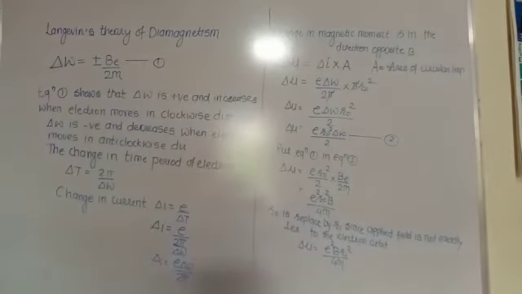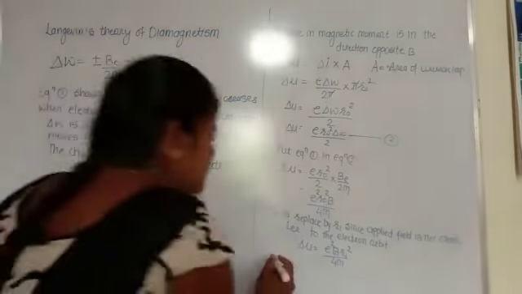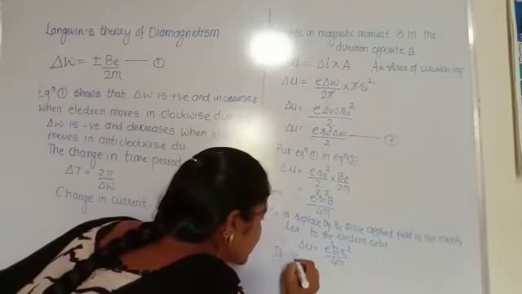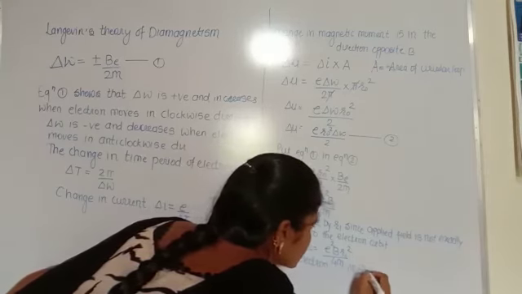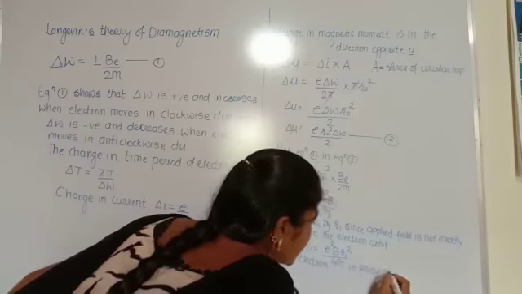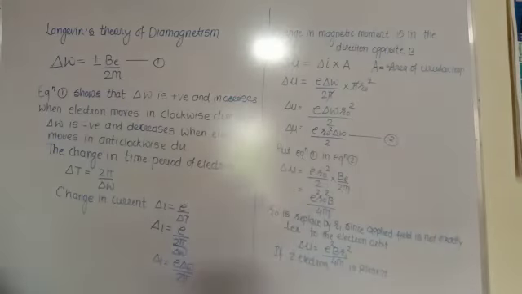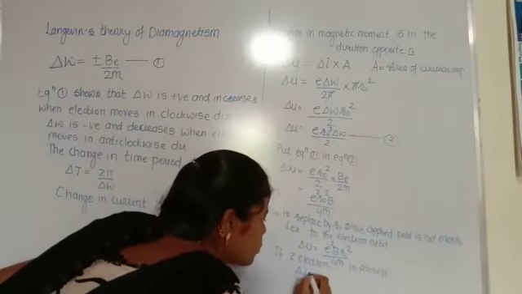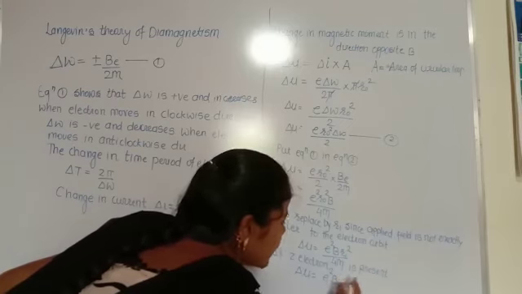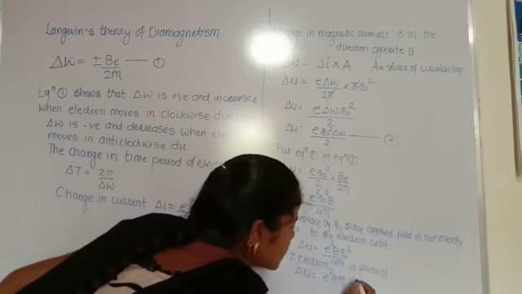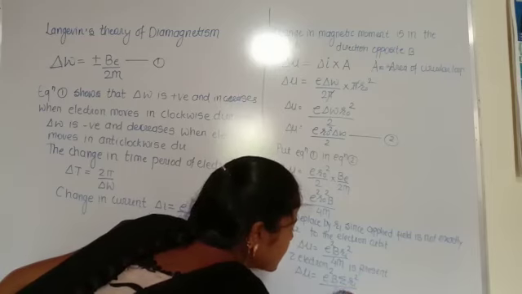This is the final change in the magnetic moment. If there are Z electrons in the atom, then this r1 square is for a single electron, so we write delta mu equals e square B, and here we take the summation of r1 square, divided by 4m.